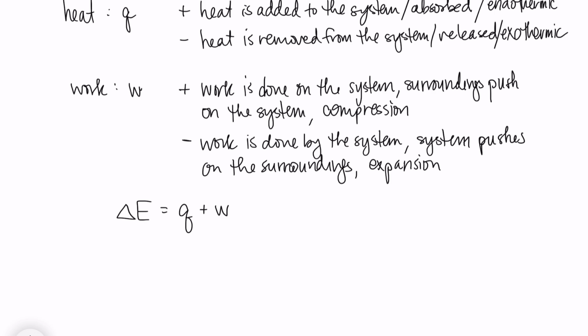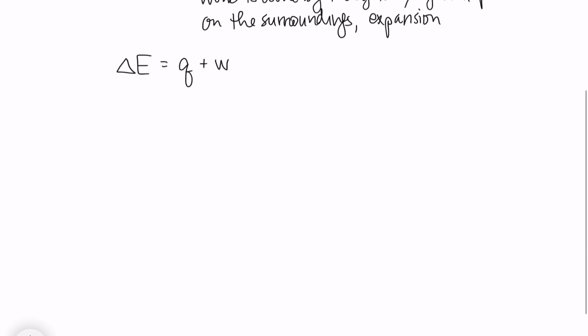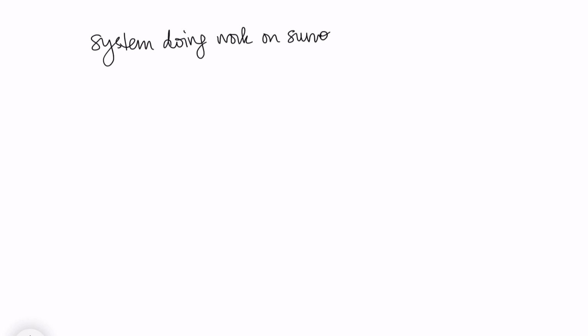Let's do a little practice problem here. I would like to know if I have a system that is doing work on the surroundings and also losing heat to the surroundings.